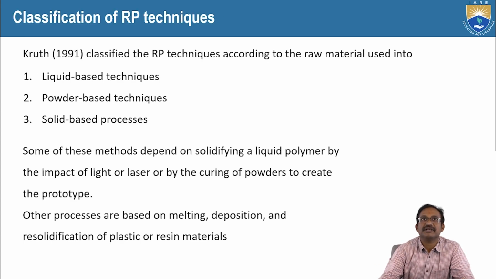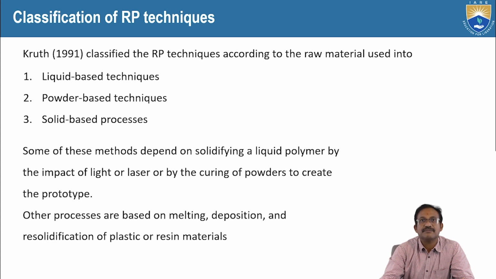Classification of RP techniques. RP means rapid prototyping. In 1991, Kruth classified the RP techniques according to the raw material used into liquid based techniques, powder based techniques, and solid based processes.